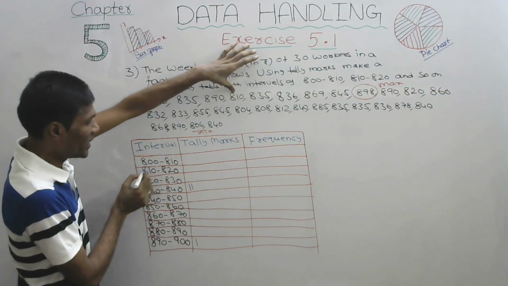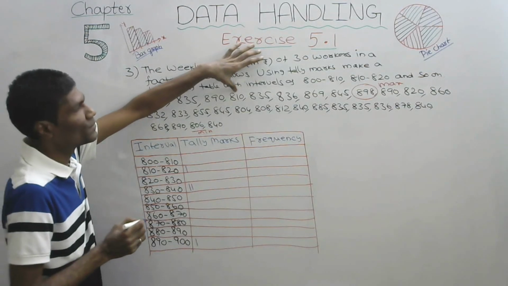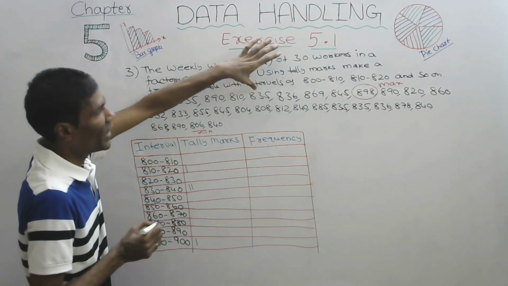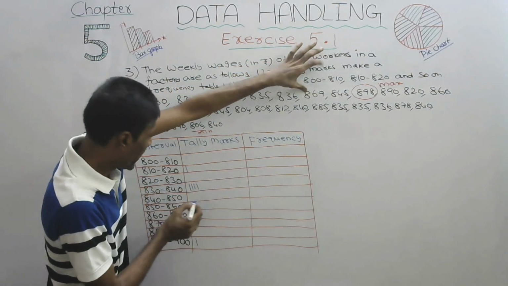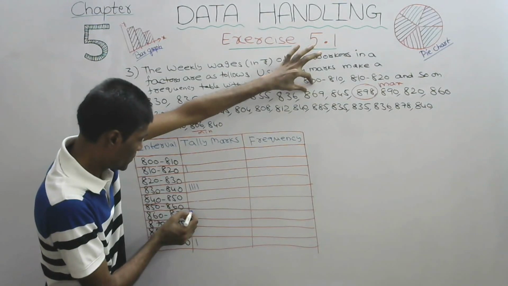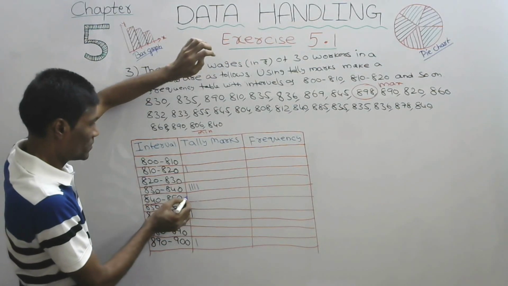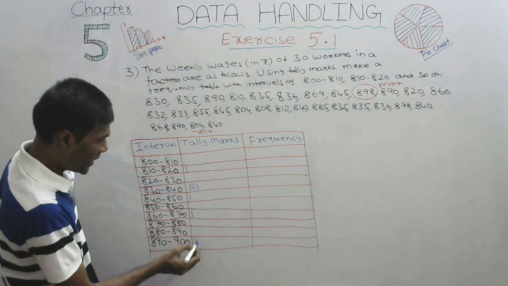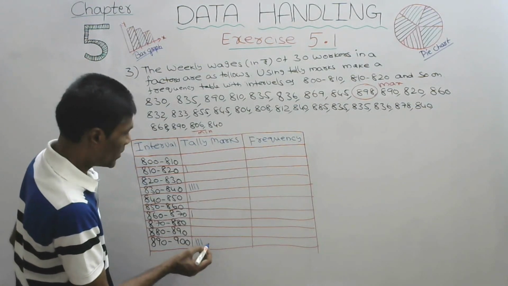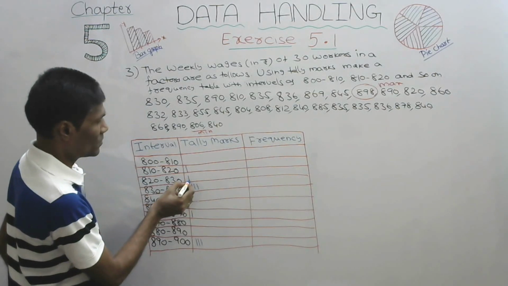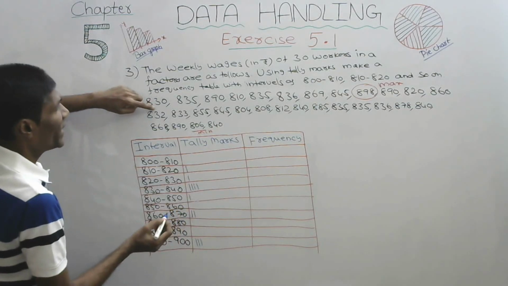810, 800 to 810, 810 to 820. So we will keep it in 810 to 820. 835, 836, 869, 845, 898, 890, 820, 860, next 832.